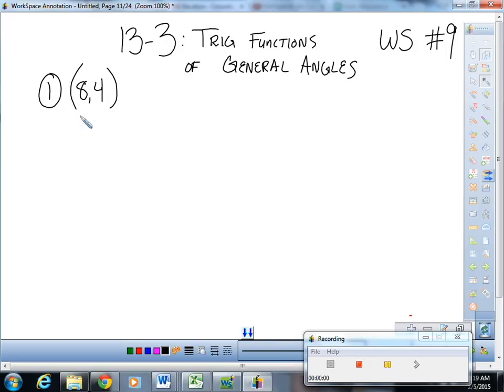So the first thing we want to do here is make a picture of it. So just plot yourself a little XY plane somewhere. It can be little. Make up a point that looks kind of like 8, 4.